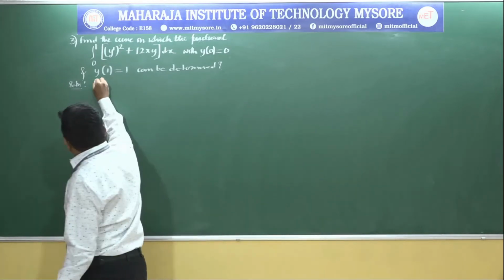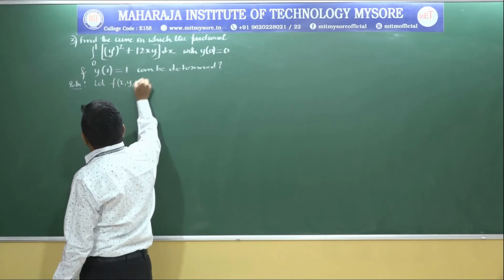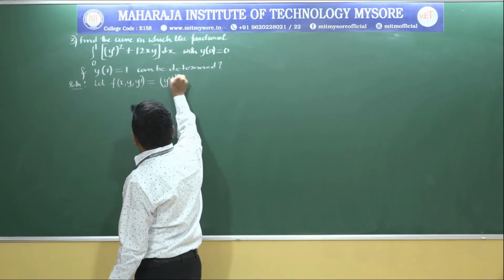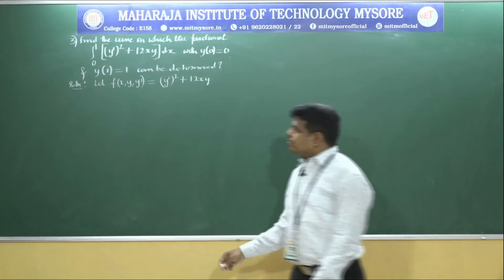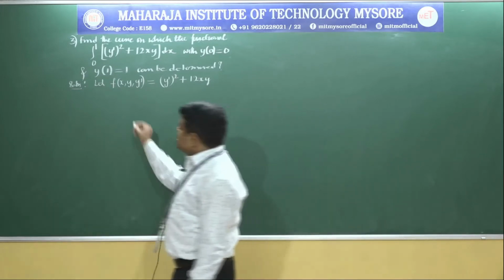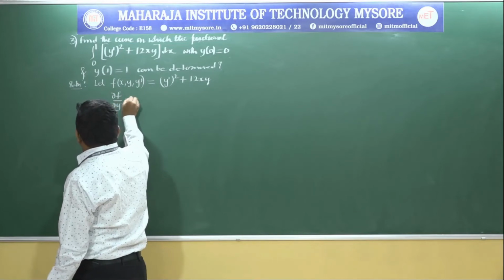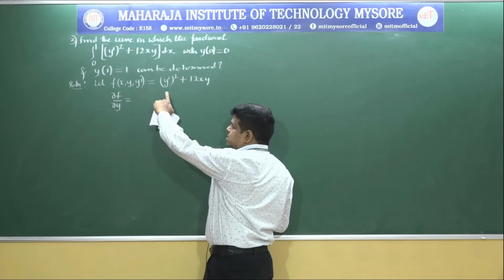Okay, let f of x comma y dash equals y dash whole square plus 12xy. Next, partial differentiation of f with respect to y. Here x and y dash are constant.